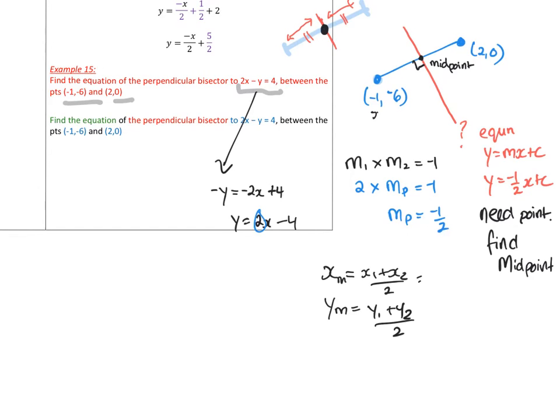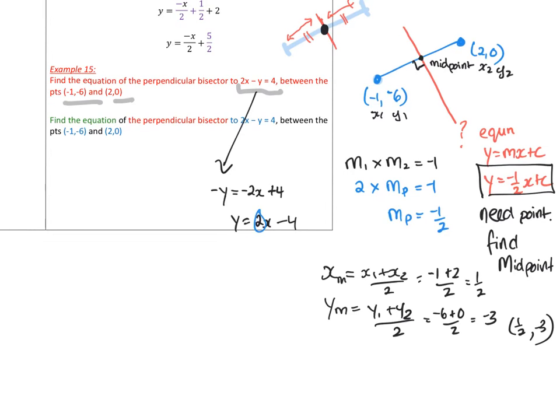So I'm going to call this x1, y1, x2, y2. All happy with this? So I've got negative 1 plus 2 over 2. What will that be? A half. And I've got negative 6 plus 0 over 2, so it's negative 3. So I have this point to put into this to find c.